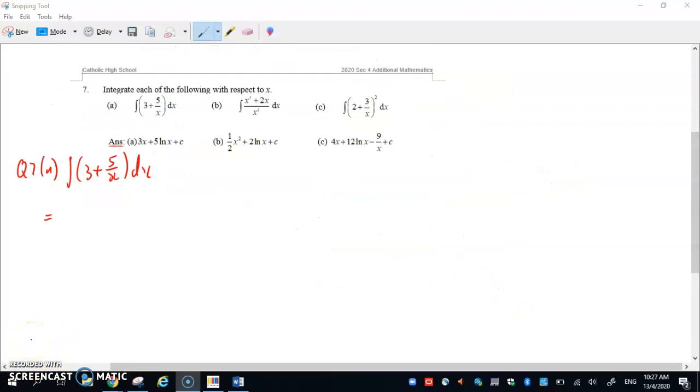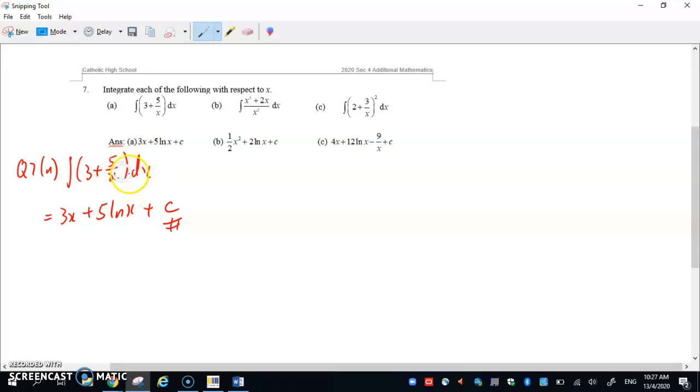Okay, so for page 21 onwards, I'll be looking at using logarithms to complete our integration here. For the first part A, we get 3x plus 5 ln x plus c, because for this part here we have 5 over x.